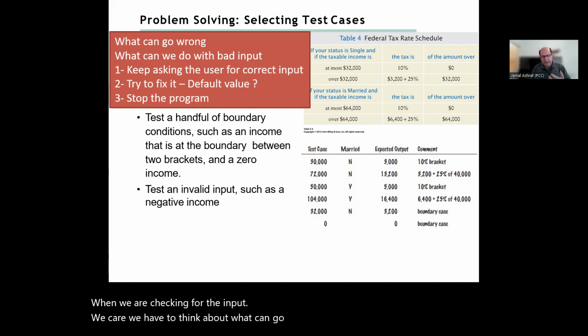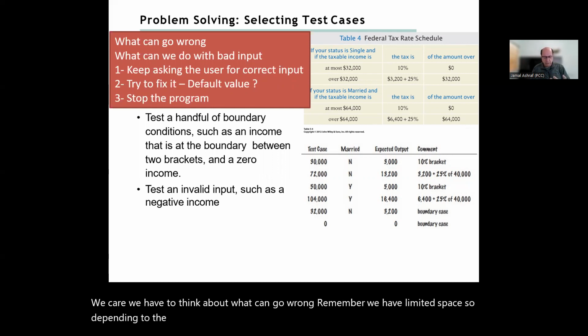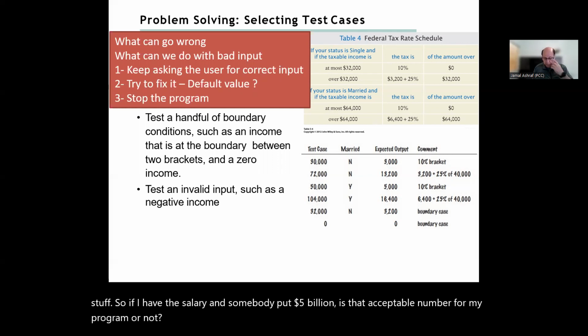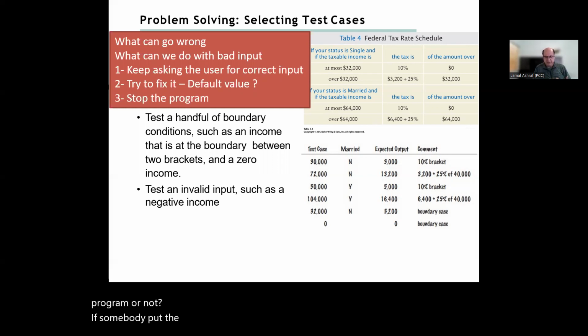Remember, we have limited space. So depending on the variable that we have, there is so much room and we can read so much stuff. So if I have the salary and somebody puts $5 billion, is that an acceptable number for my program or not? If somebody puts a negative number, is that acceptable or not?